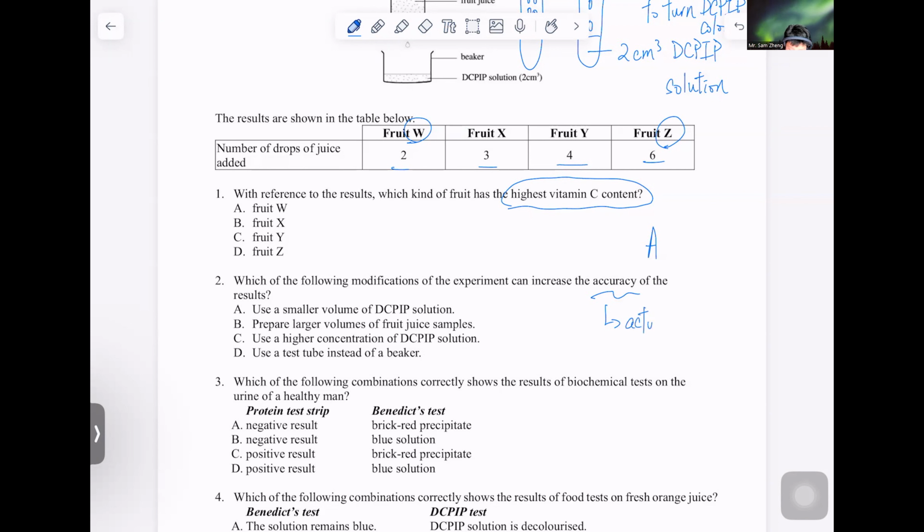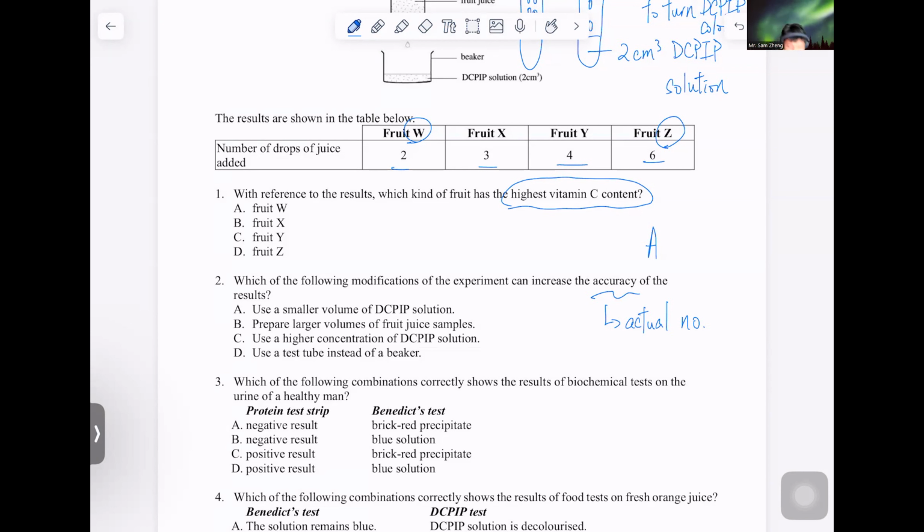Then in this case, we noticed that for DCPIP solution, in fact, we try to mix it with water. So the concentration of the DCPIP solution would be one of the major concerns for us to increase the accuracy.